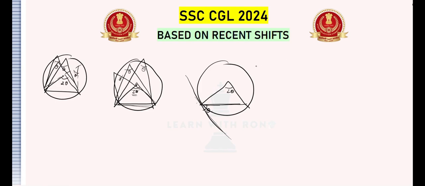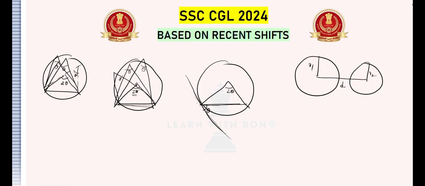And one more thing. If there are 2 circles with radii r1 and r2, and the distance between centers is d, and they ask for the direct common tangent length L, the formula is simply the square root of d square minus (r1 minus r2) whole square.